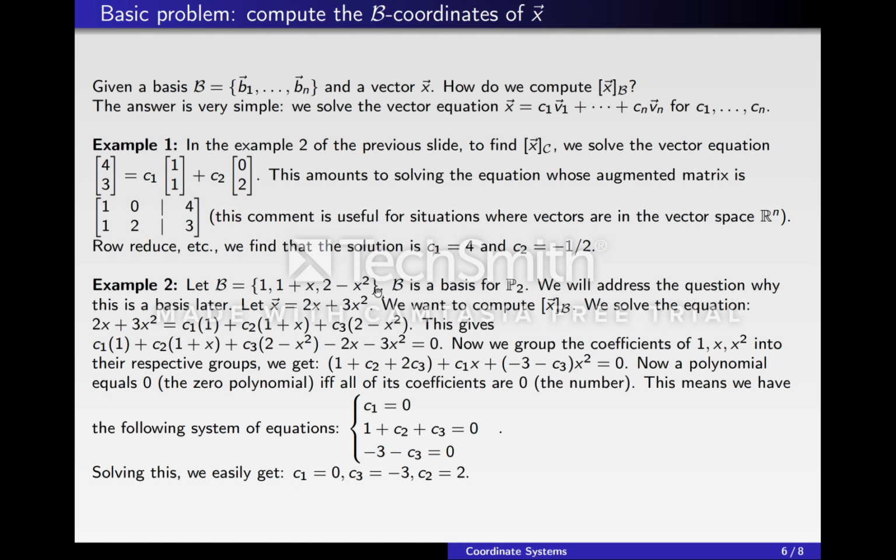And this really amounts to solving the equation whose augmented matrix is the matrix with rows (1, 0) and (1, 2) on the left and (4, 3) on the right column.